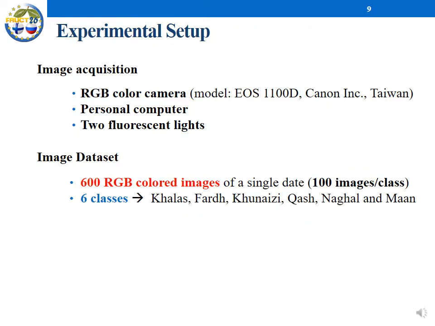In the experimental setup, the image acquisition has the following points: an RGB color camera with these features, a personal computer, and fluorescent lights to keep the lighting constant. In the image dataset, we prepared a database of 600 RGB color images of a single date.